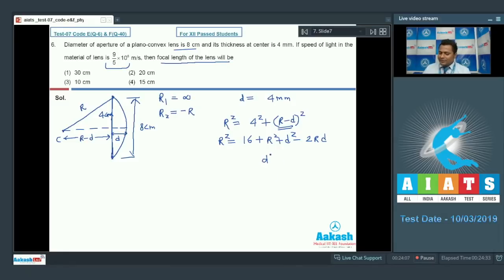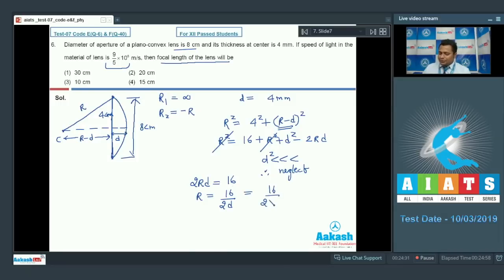That's why we will neglect d square. Therefore, neglect it. And if we neglect it, we will get 2rd equals 16. And therefore, r will be 16 divided by 2 times d.